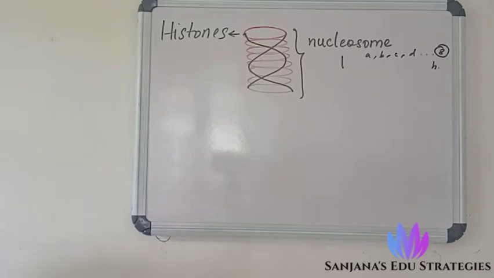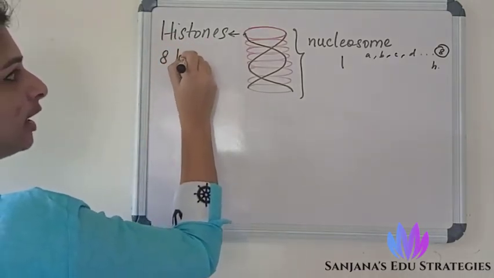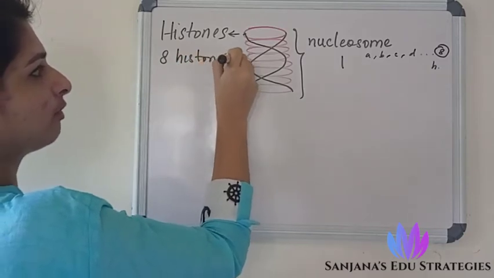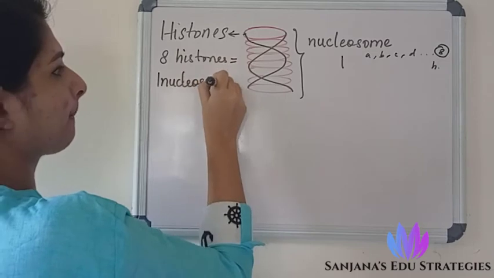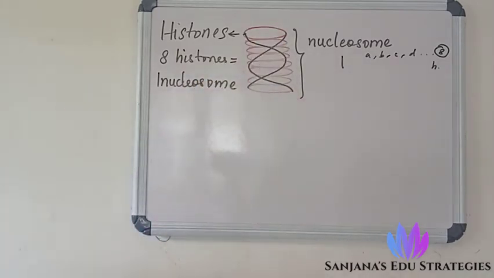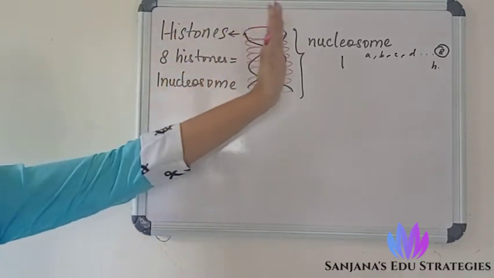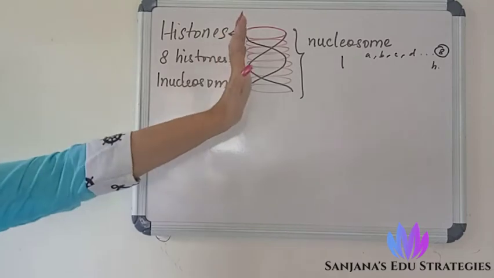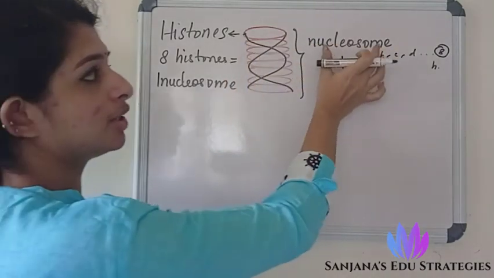Normally 8 histones form one nucleosome. I have drawn 8. These 8 histones will be surrounded by a strand of DNA.